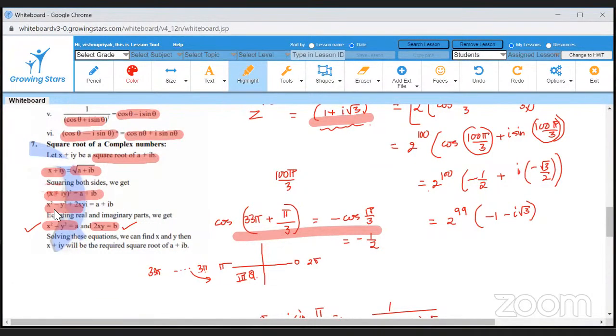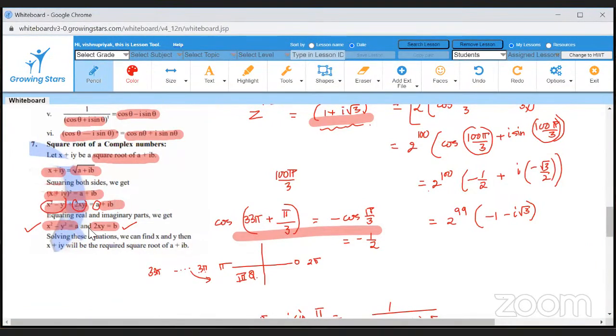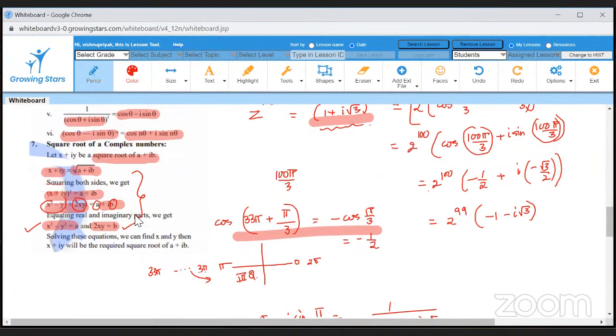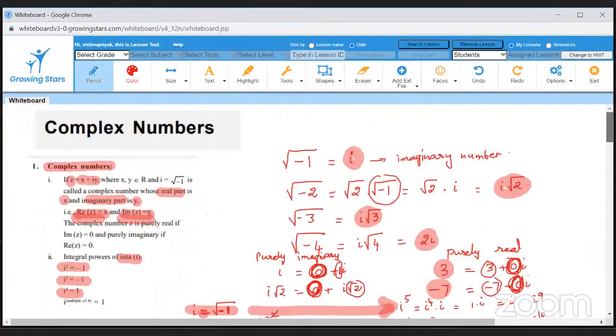Then set the real parts equal: this real part equal to this real part, and this imaginary part equal to this imaginary part. This is how you will get two equations. You have to solve these two equations to get x and y. Instead of doing all these steps, you can directly go to this step and memorize it, and then you will know how to find square roots.